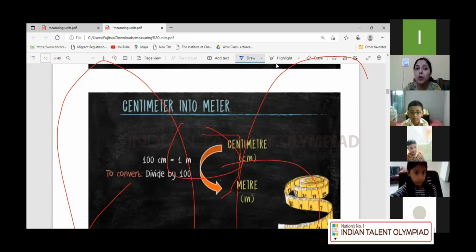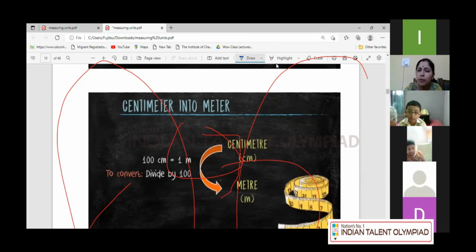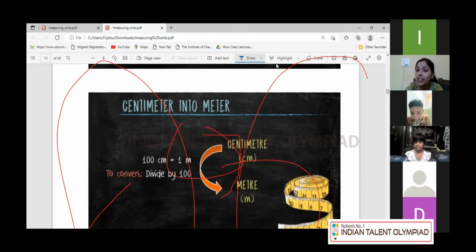Now tell me, I have one question. Which one is easy for you to remember: 1200 centimeter, or 12 meter? 12 meter.